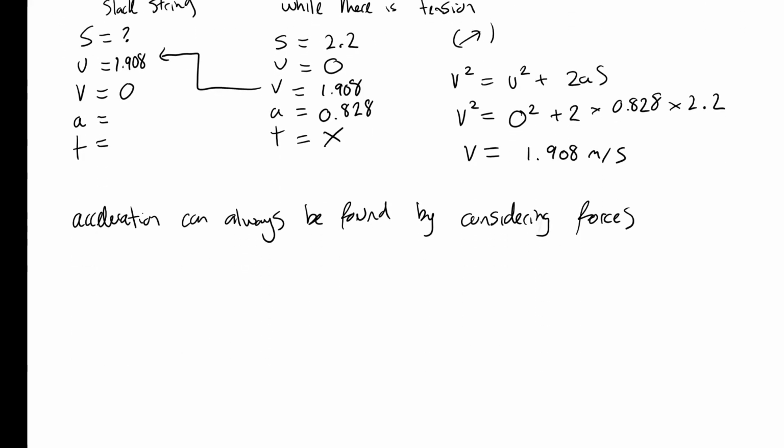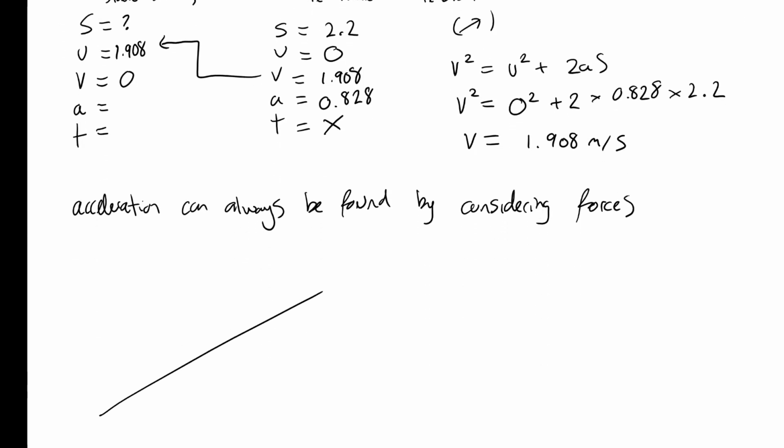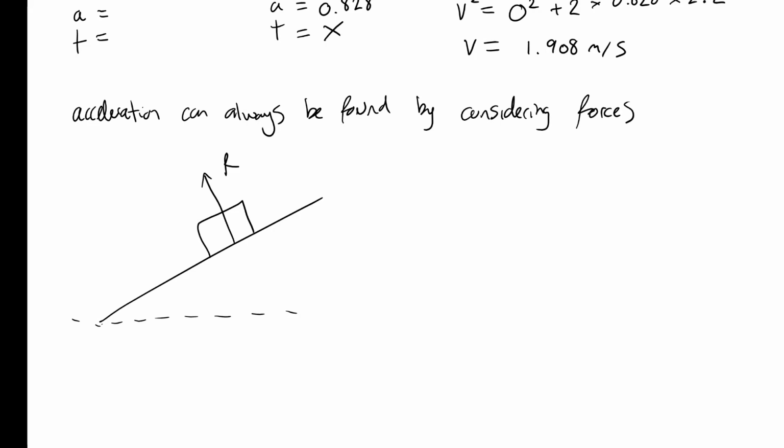So let's do that. B is sliding up the slope with some speed. In this case there's no tension because A's hit the ground and the string has gone slack. So the only forces acting on it would be the reaction force and its weight, so that's 3.2 g.